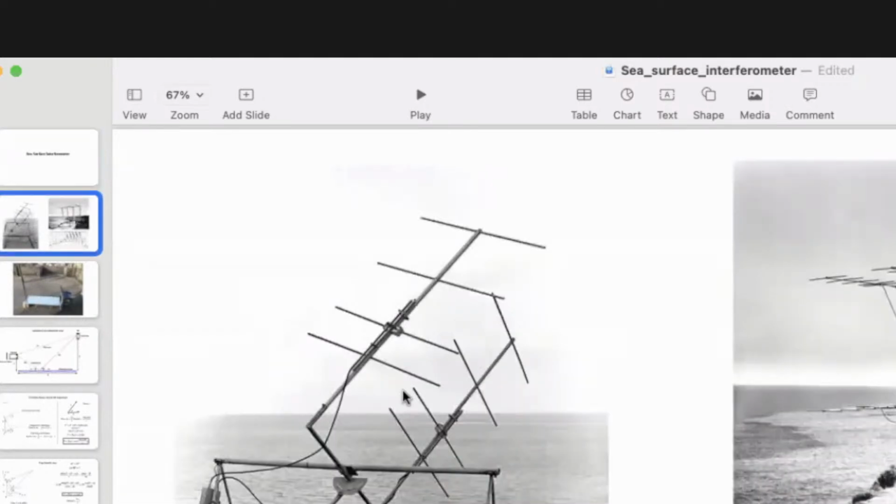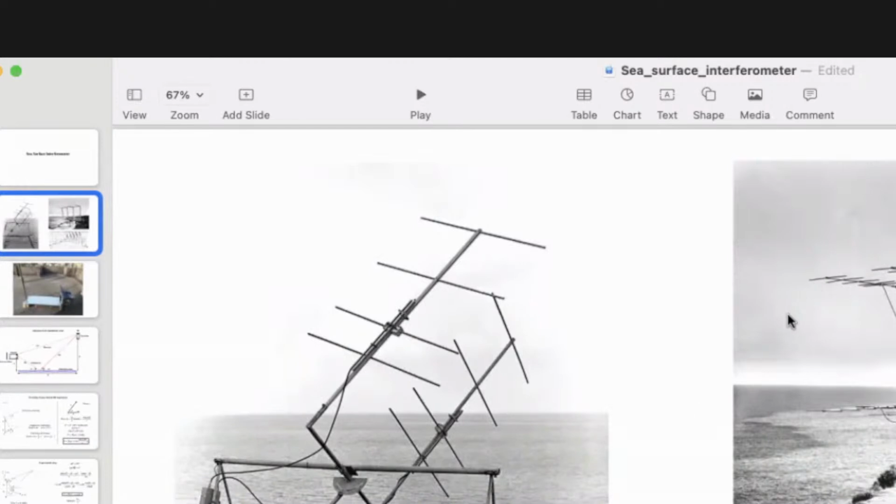These are the earliest radio interferometry experiments, carried out at Dover Heights in Australia. The antennas are kept on a high cliff, and the sea surface acts like a reflector.